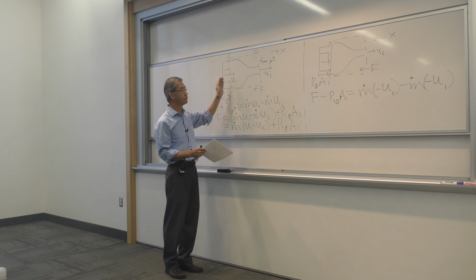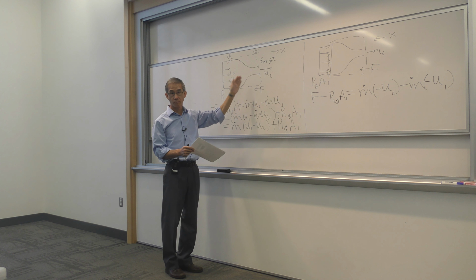Because if I want the flow to go from 1 to 2, the water has to go from the higher pressure to the lower pressure. Right? But aside from that, if the pressure is higher on this side, then the pressure will change. Right? Which is some problem you have to deal with in your homework.